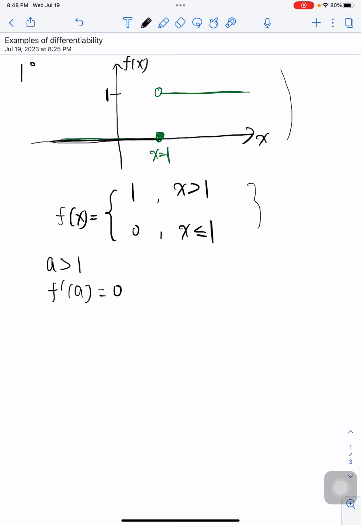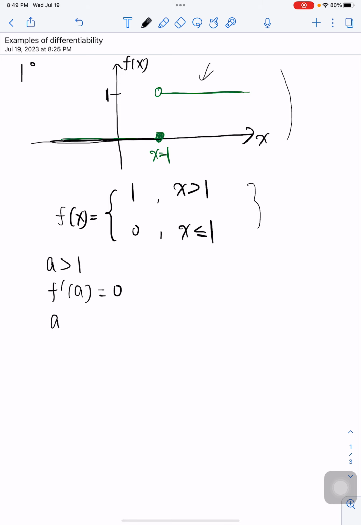The derivative of a function is the slope of its graph, right? So when a is greater than 1, we are looking at this portion of the graph, and this is a horizontal line. Its slope is 0. So the result is consistent with what we obtained by the definition.